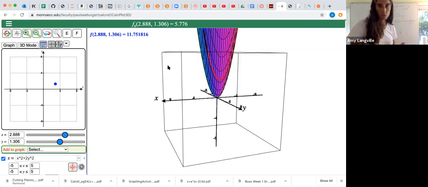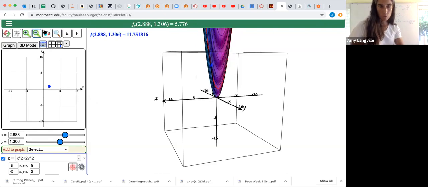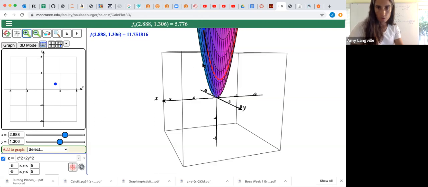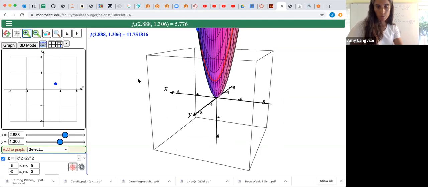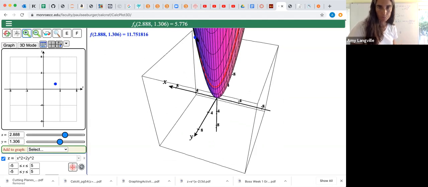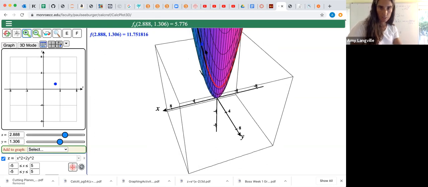And then it'll show you, let me zoom out. There's the blue point. It's hard to see. Maybe rotate. Oh yeah, there's our blue point up there. And the tangent line, harder to see, is this black line here. Maybe making the surface transparent could help.